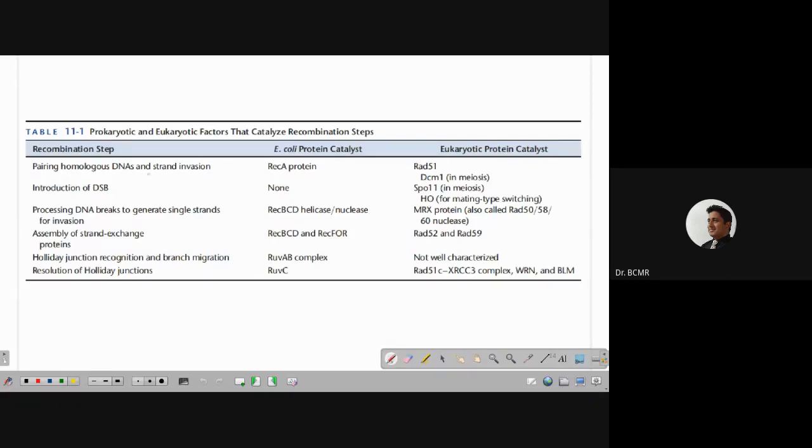First step is, say, we learned about aligning, and that is something like pairing homologous DNAs. That is equivalent to aligning when we learned about the Holliday model. And then strand invasion. And in some cases, we will also talk about introduction of double strand breaks and processing of DNA breaks, that is to generate 3' OH, and that is where strand invasion happens, and strand exchange proteins.